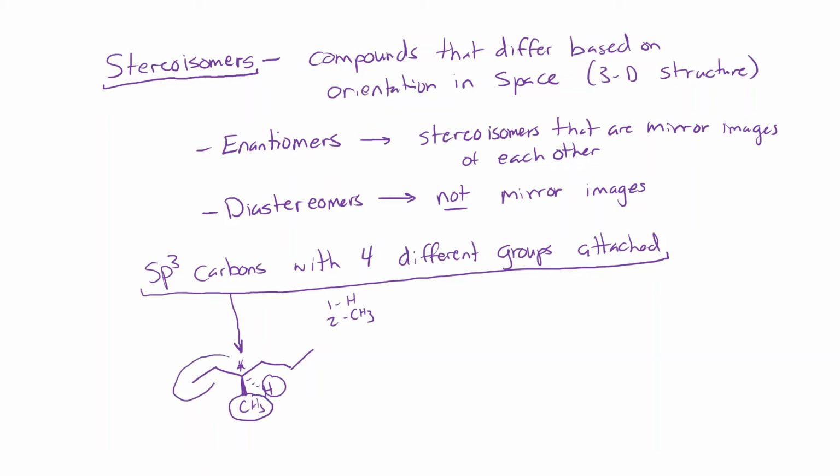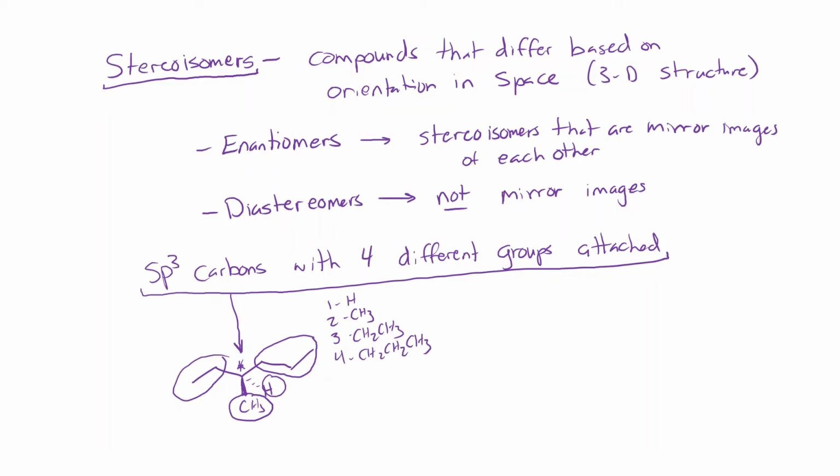Here's group number 3 that's attached to this carbon. It's a 2-carbon chain. So our group number 3 is CH2, CH3. And then our 4th group is a 3-carbon chain, CH2, CH2, CH3.